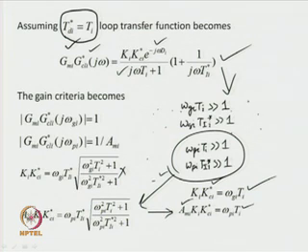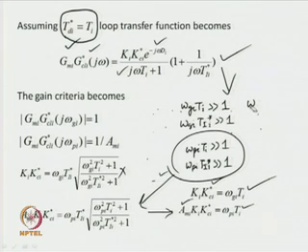Now, these values of gain and phase crossover frequencies can always be set with proper choices of the controller parameters. Since we have been trying to design the parameters, these choices are valid.